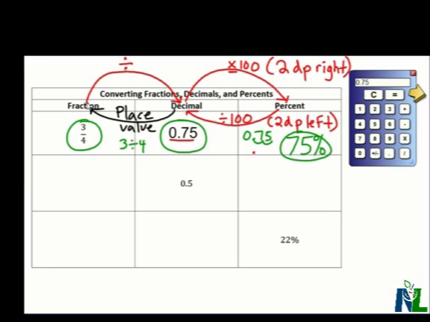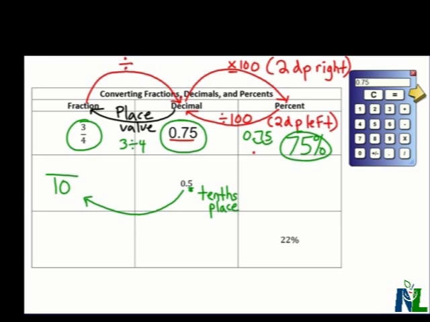If we start with a decimal, we can work backwards to get our fraction using place value. To do this, we need to look at the last digit. And the last digit is in the tenths place. So that tells me that my denominator, the bottom part of my fraction, is 10.